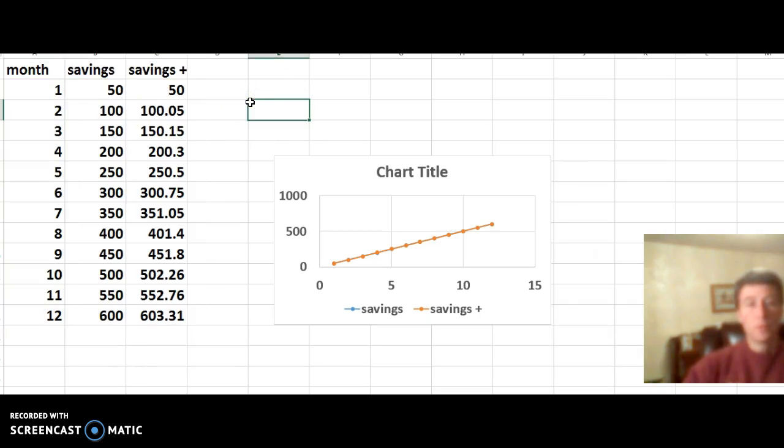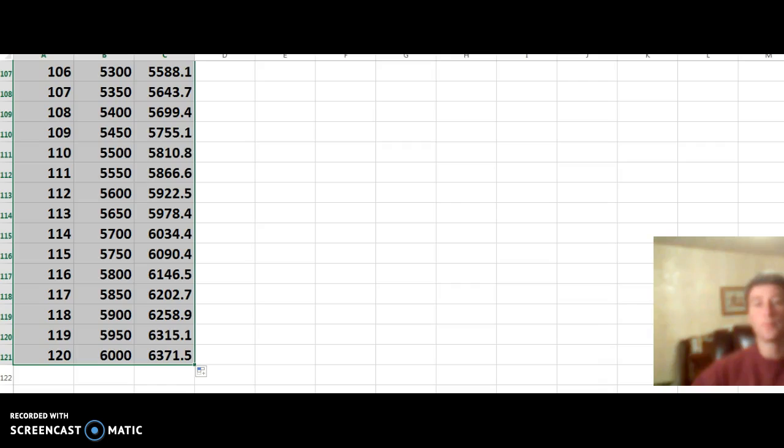Okay, so let's do that for 10 years. So after 10 years, the difference is, I've saved $6,000 without interest, or if I get interest, I have $6,371.50. So $371, well, I'm only saving $300 a year, so I get an extra year.